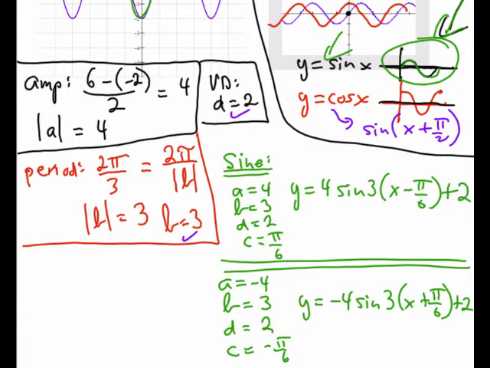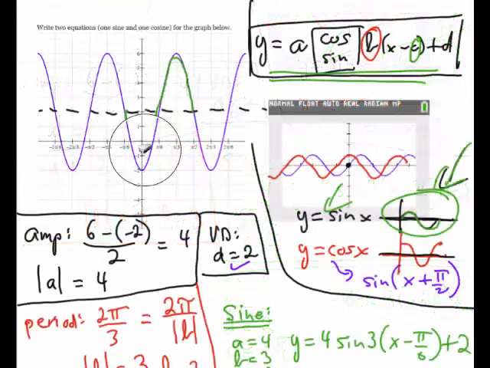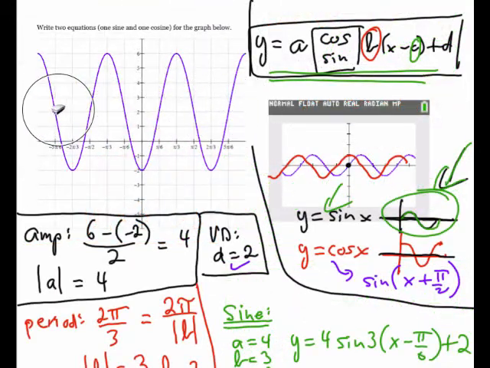All right, now let's do this whole thing as a cosine graph. So again, back to my core picture. I've got my middle identified, and I want to identify a piece of this as a cosine graph, which starts up from the origin, or if you flip that across the x-axis, down from the origin.